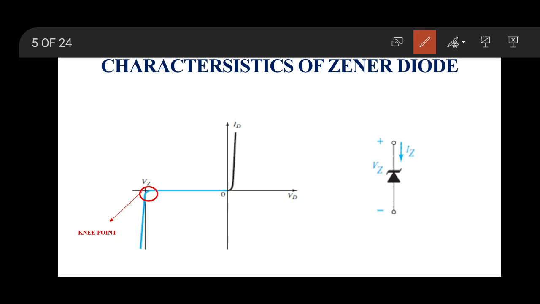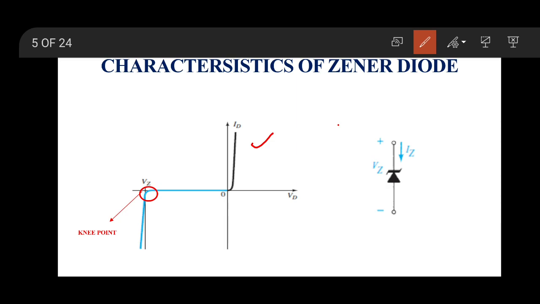Now the characteristics of the Zener diode are shown here. You can see at forward bias it acts as an ordinary PN junction diode, and at reverse bias it can conduct after a certain reverse breakdown voltage Vz, up to a certain current limit or power limit, keeping the voltage constant at Vz. Now the characteristics shown here are for a practical Zener diode.